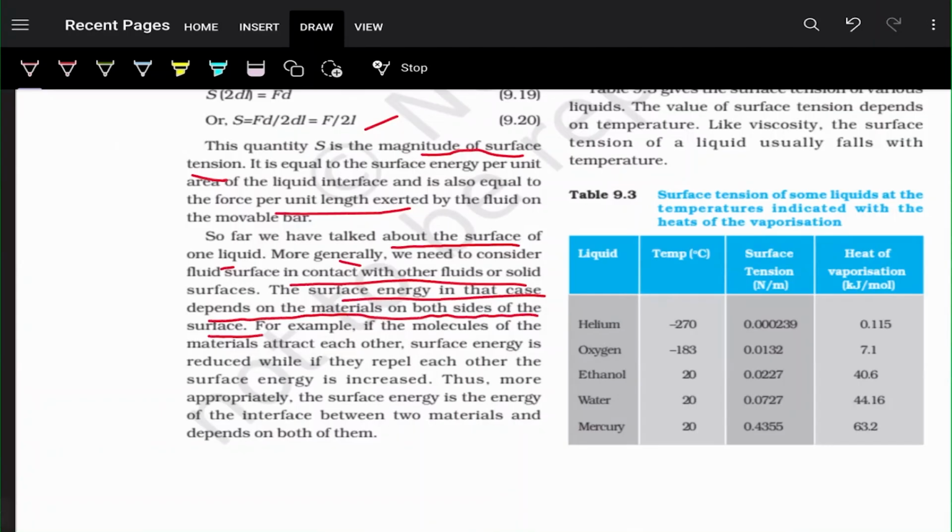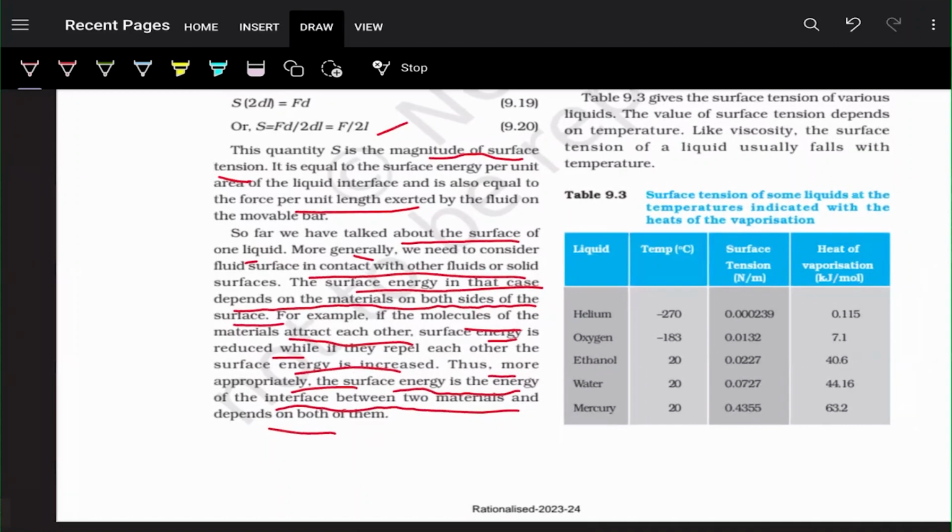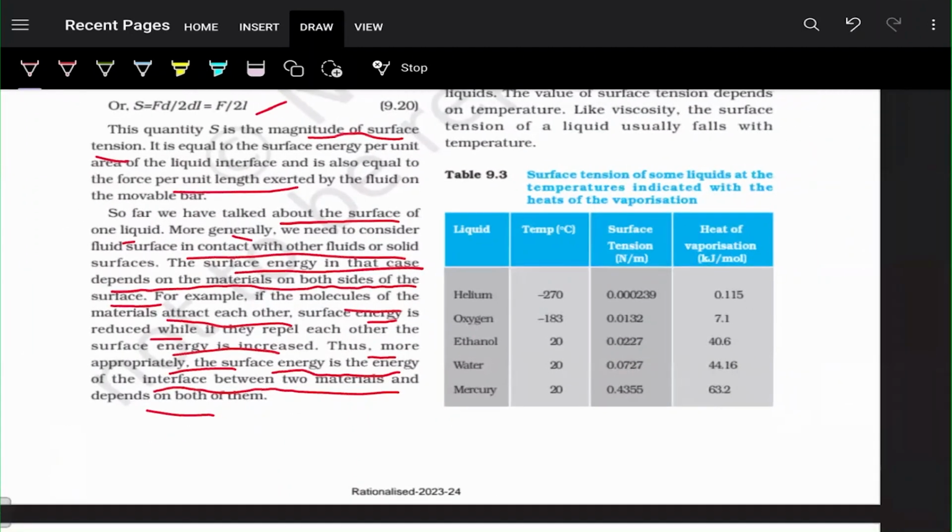For example, if the molecules of the materials attract each other, surface energy is reduced, while if they repel each other, the surface energy is increased. Thus, more appropriately, the surface energy is the energy of the interface between two materials and depends on both of them. That is very important. Surface energy is the energy of the interface between two materials and it depends on both of them.